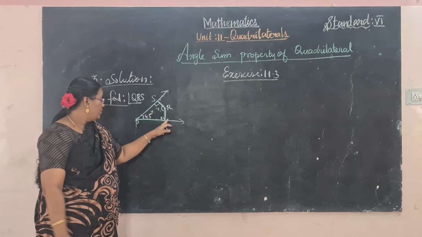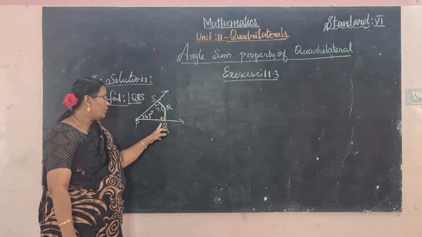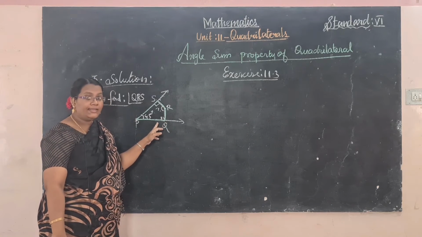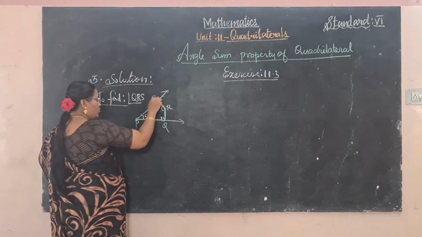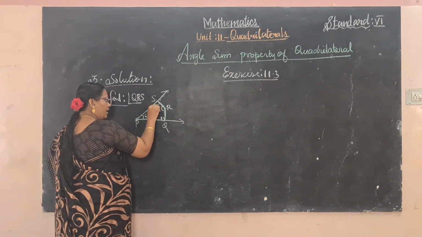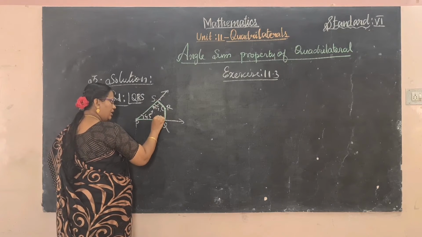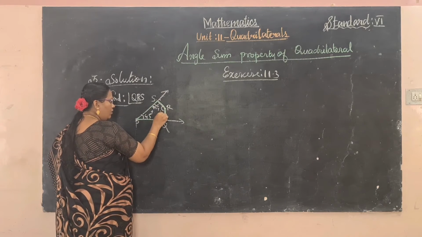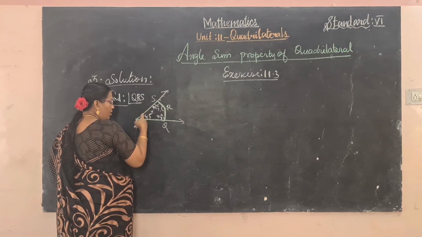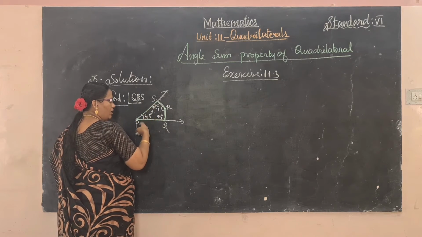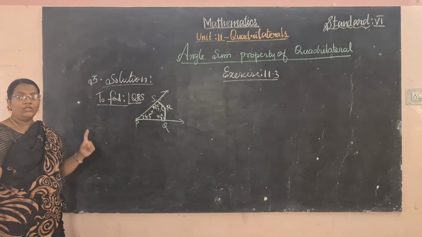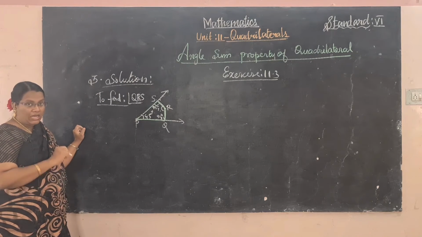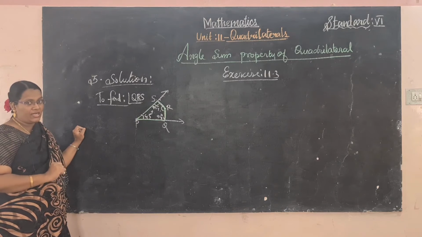What does it mean when it is marked like this? It means perpendicular. Perpendicular means 90 degree. So these two angles are 90 degree, and here also 90 degree. Now three angles you know, so we can easily find the one angle using the angle sum property of quadrilateral.